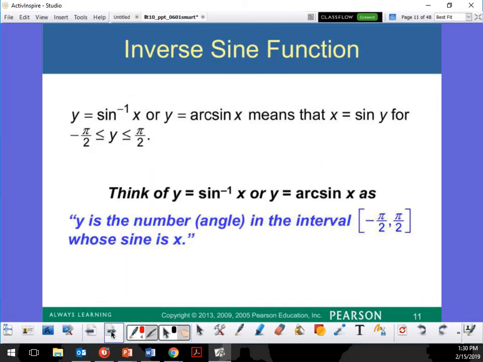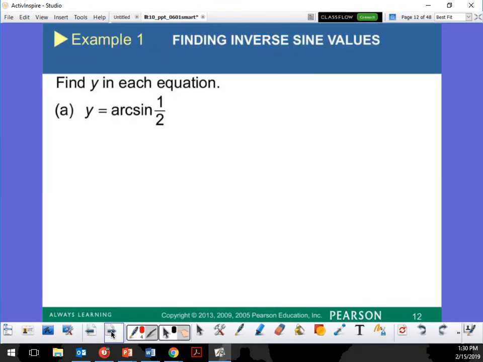Okay, same thing. Inverse sine. Find y in each equation. Arc is another way of doing an inverse, because we've already done this one before.